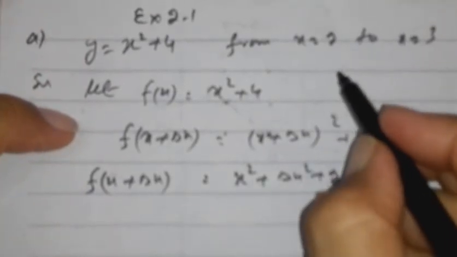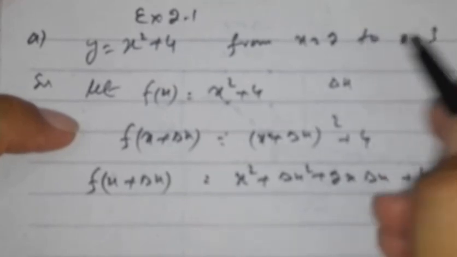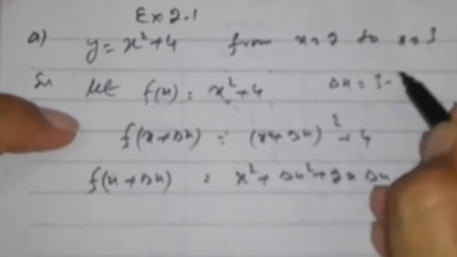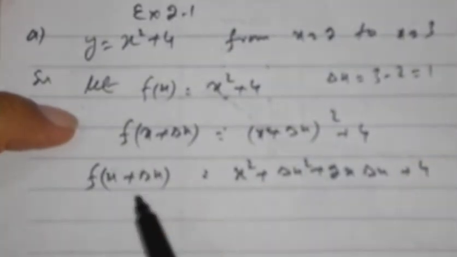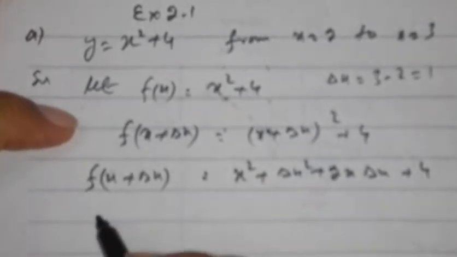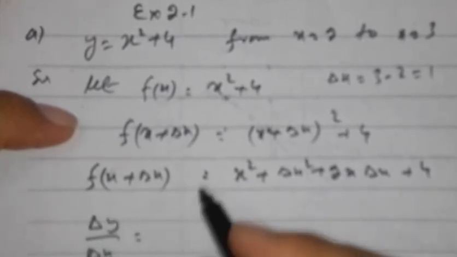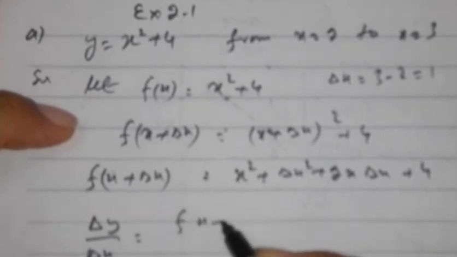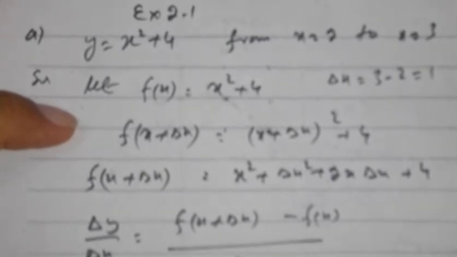And what is del x? Del x is the change in x, which is 3 minus 2, which is 1. How can we solve it? We know the average rate of change formula, that is del y by del x equals f of x plus del x minus f of x divided by del x.